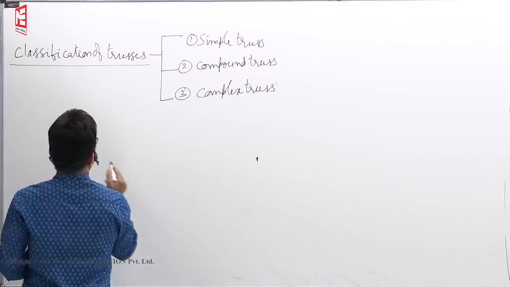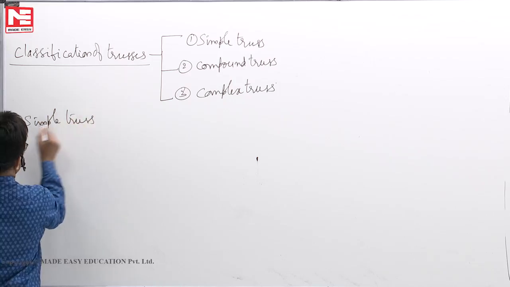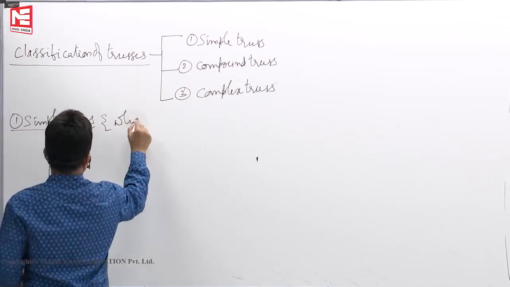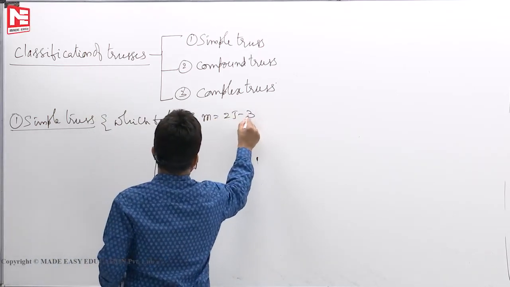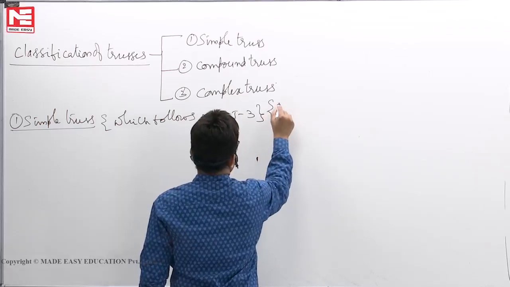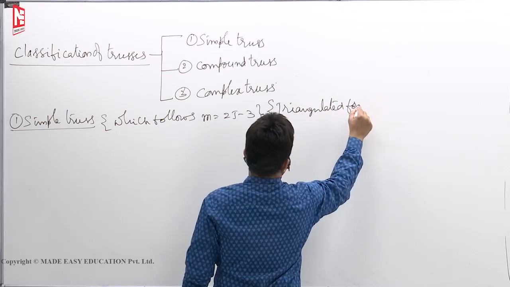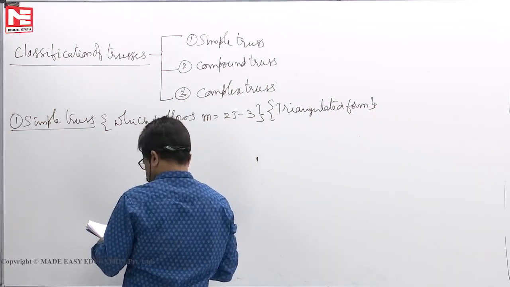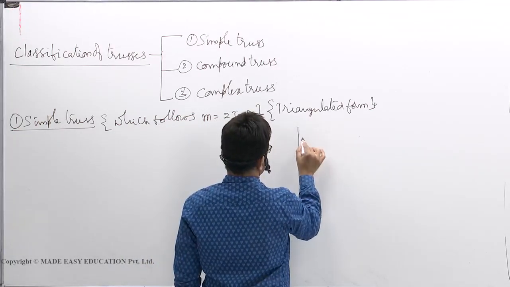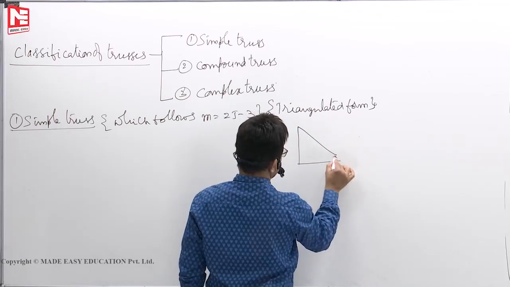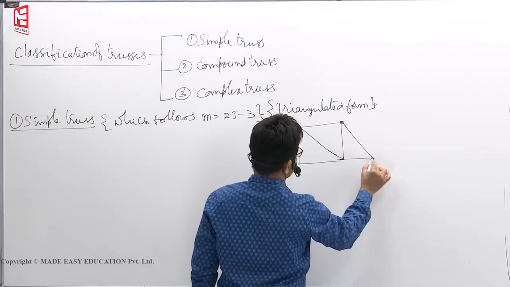So first one is simple truss, which follows m is equal to 2j minus 3, triangulated form. Now, if you take the examples, I have given you one example also. You form a triangle, then one more joint, like this.